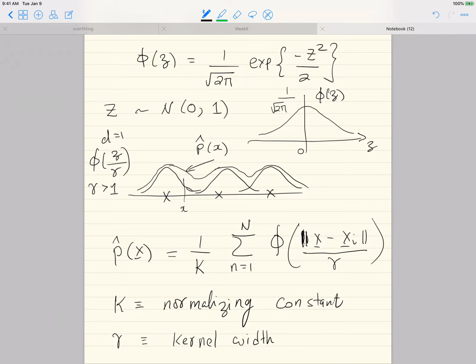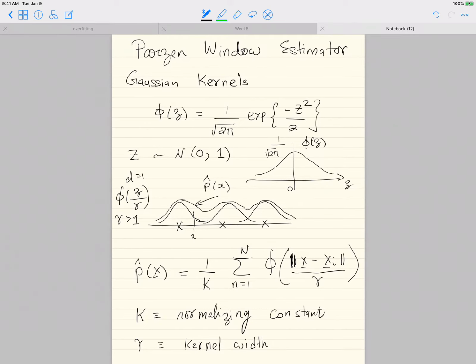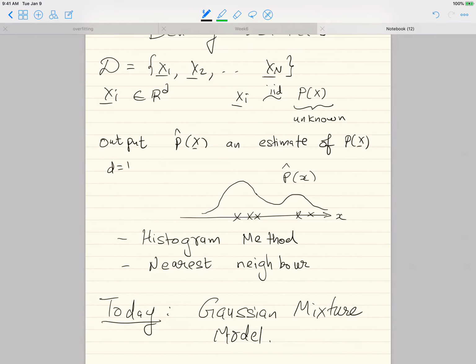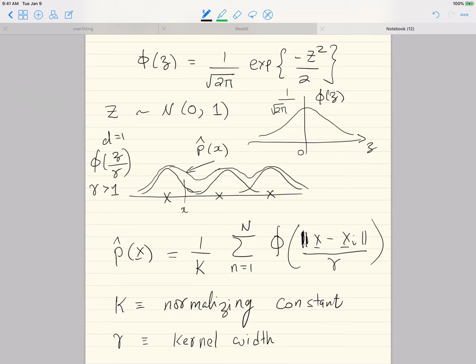Any questions about this? What is xi here? x1, x2 up to xn are our data points. Here you have n data points that are given to you, and you want to produce a density estimate consistent with these n data points. Because you're summing from n equals 1 to capital N, x1 will be the first data point, x2 is the second data point, and so on.